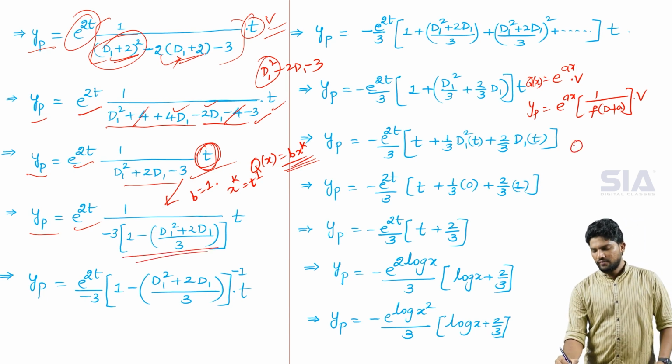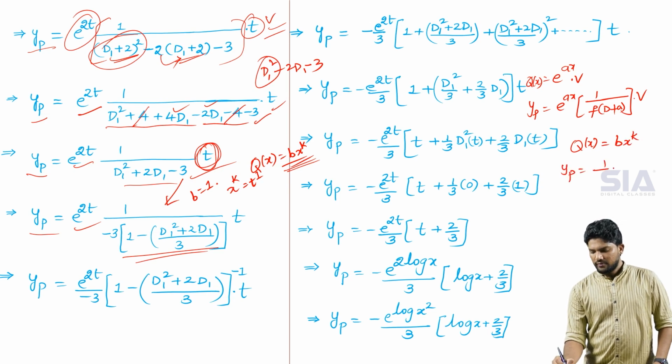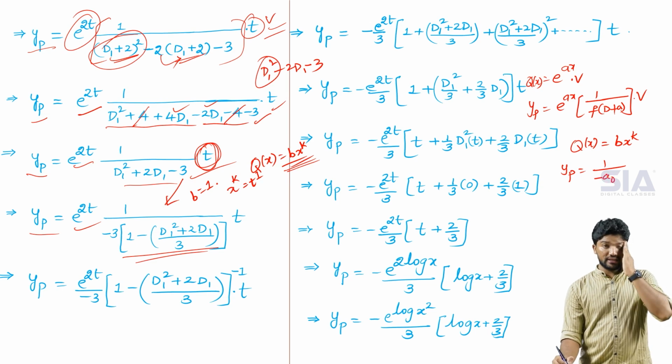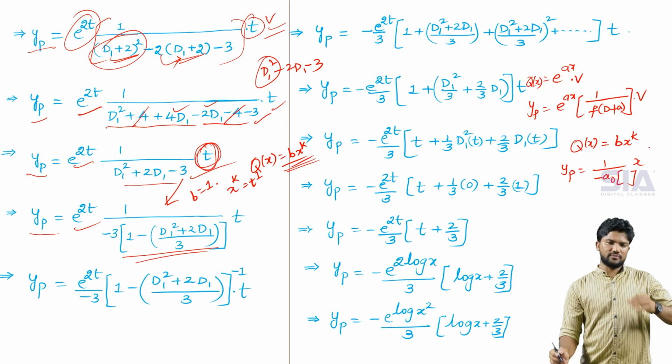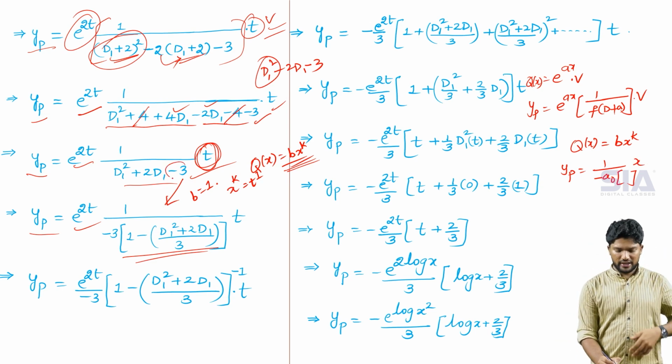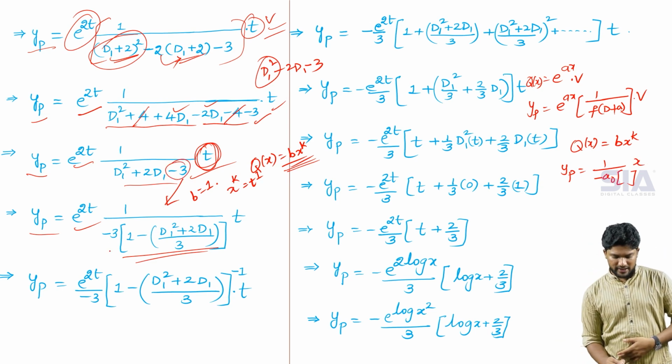You know very well, when you have Q of x equal to b into x power k, then from the denominator you take the constant value, the a naught value, common, and then you get that function of x. So here the constant is minus 3, take minus 3 common.